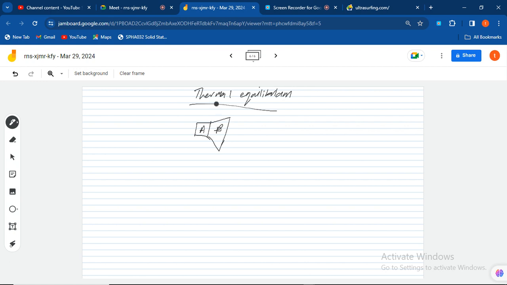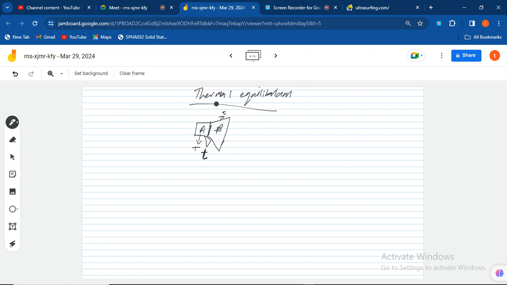You can see that we place them close to one another. If A had a certain temperature, after some time, both A and B will reach a certain temperature. That's what we call thermal equilibrium.